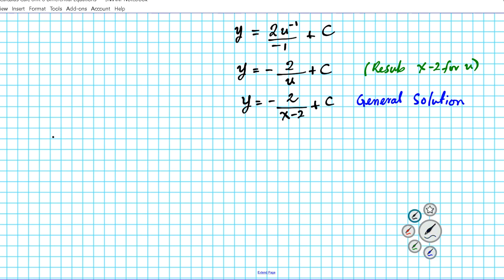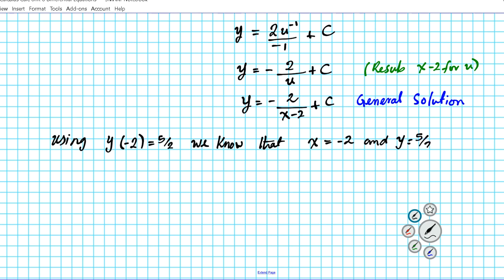So using the initial condition, y of negative 2 equals 5 over 2, we know that x is equal to negative 2 and y is equal to 5 over 2.